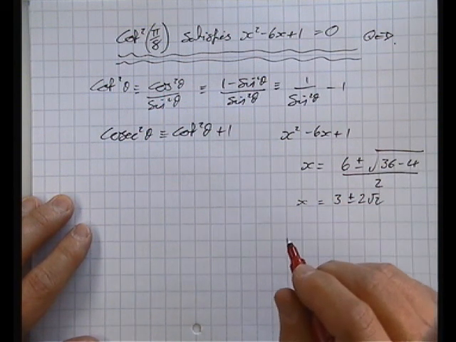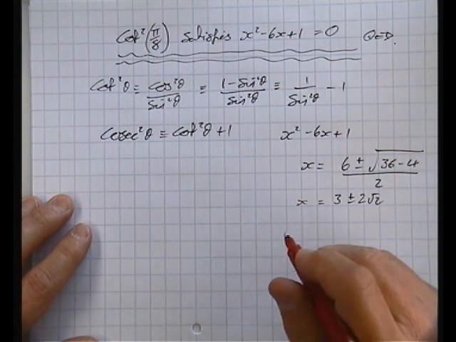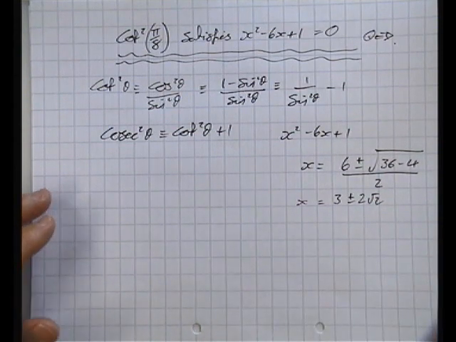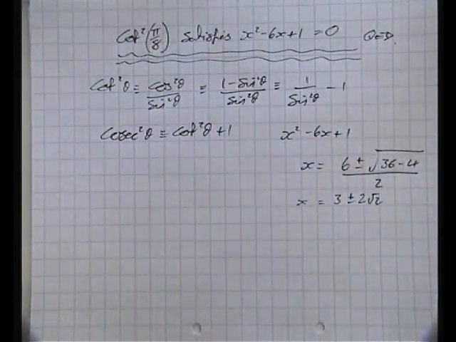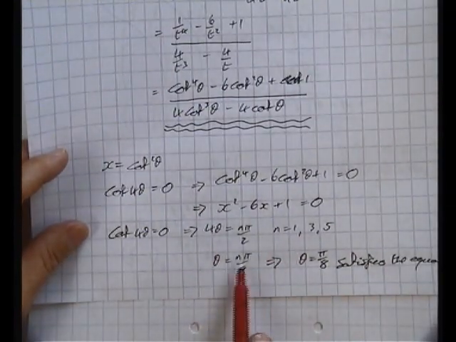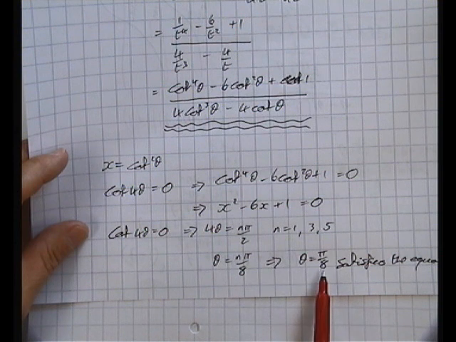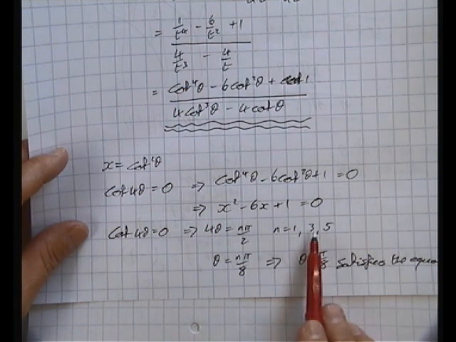Now, if we have a quick think back to the earlier working, we were saying that theta equals n pi by 8 are solutions, and we just picked the first one. So our first solution is pi by 8, and our second solution is going to be 3 pi by 8.